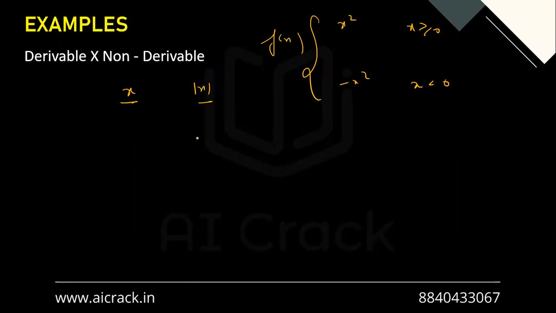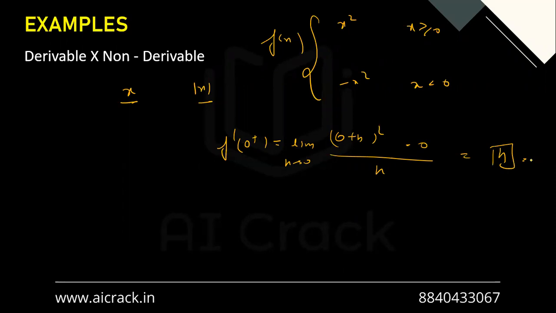But let's look at it algebraically. So we'll get f dash 0 plus, that would be f of 0 plus h. F of 0 plus h would be for this function. So that would be limit h approaches 0 of (0 plus h) whole square minus 0, divided by h. So that is nothing but h, and that is eventually 0, right? Now f dash 0 minus, that would be limit h approaches 0 of (0 minus h) whole square minus 0 divided by minus h.